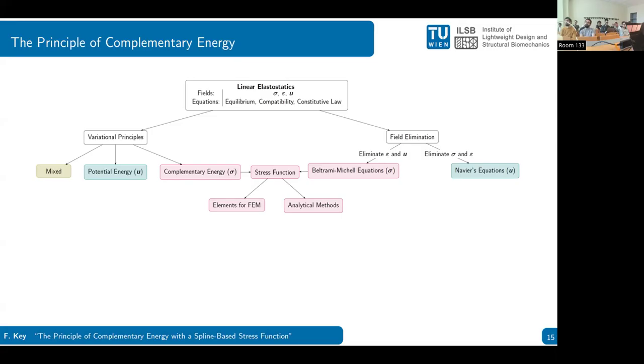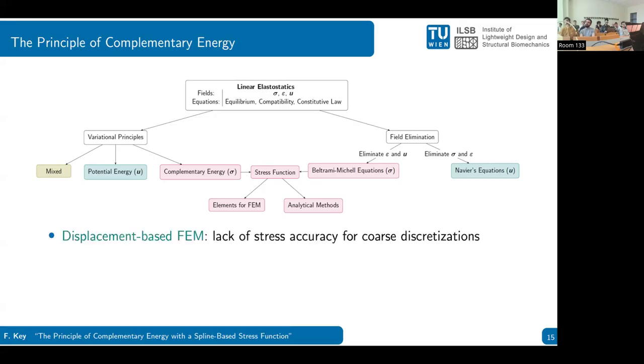And then once you have plugged in such a scalar stress function for the stress tensor, you can find finite element methods, so stress-based elements, or you can apply analytical methods to solve for the stress function. And in this, okay, maybe I will go to the disadvantages first.